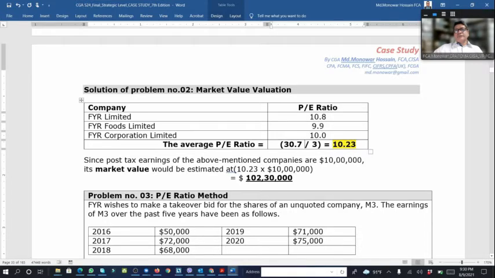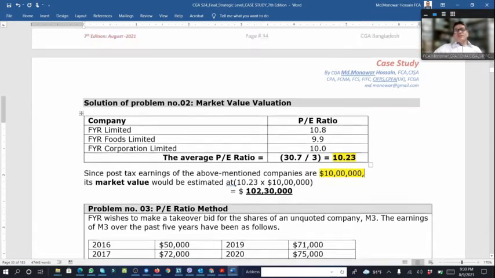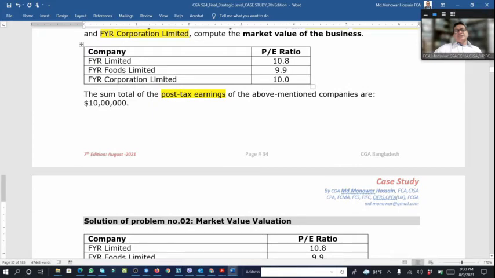Since the post-tax earnings of the above-mentioned companies total 10 lakh, its market value would be estimated as 10 lakh multiplied by 10.23 times. That means 1,230,000. So the market value of the three companies is this one.